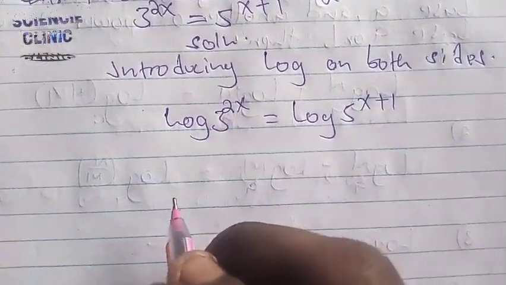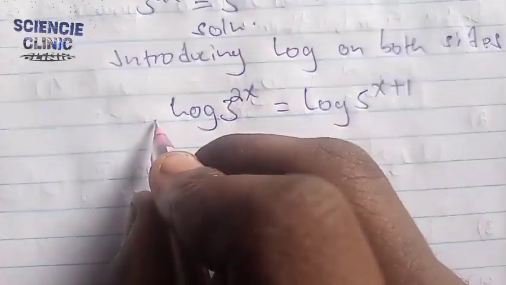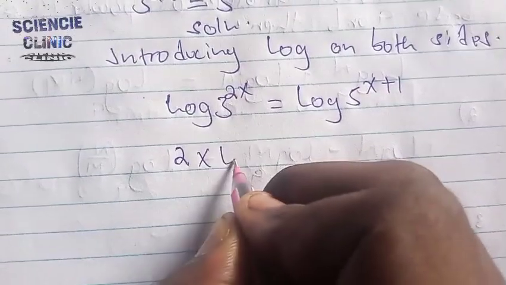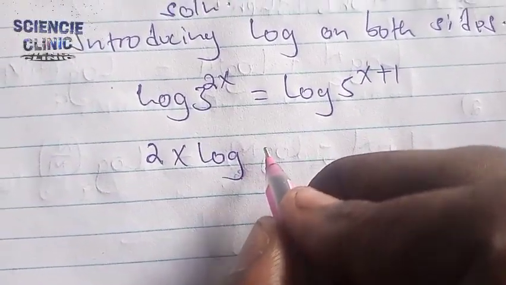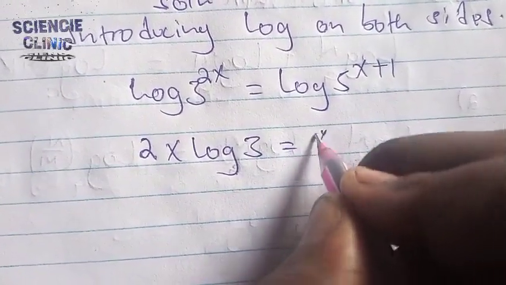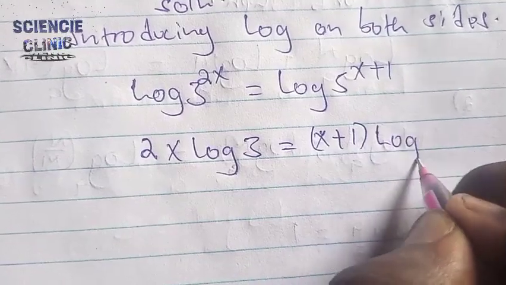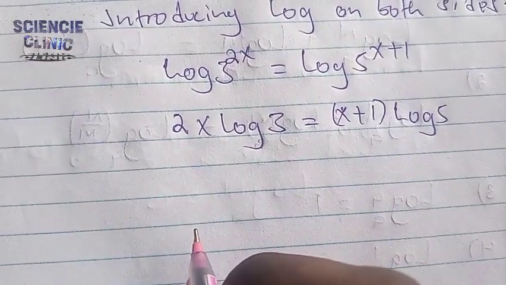And from the laws of logarithms, just like you have seen, I can bring the powers down, which is going to be 2x log 3 equivalent to x plus 1 log 5.